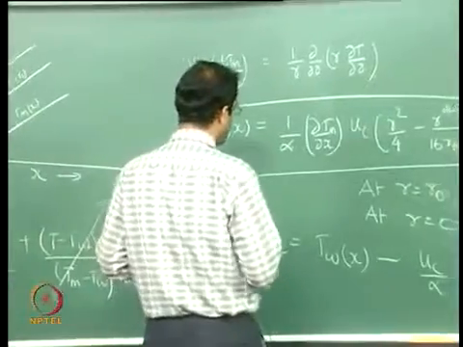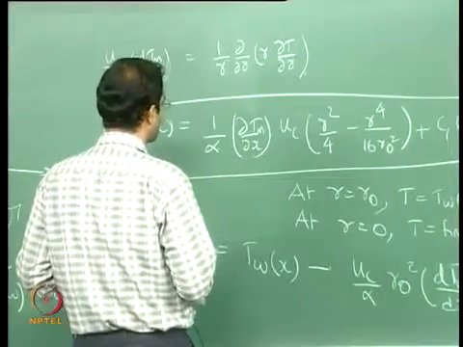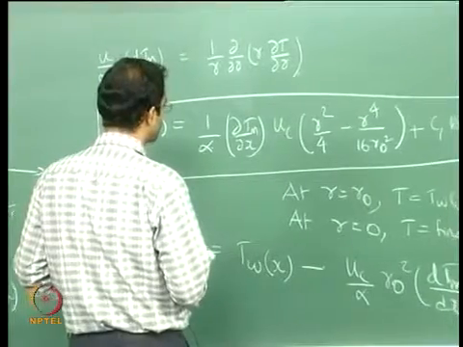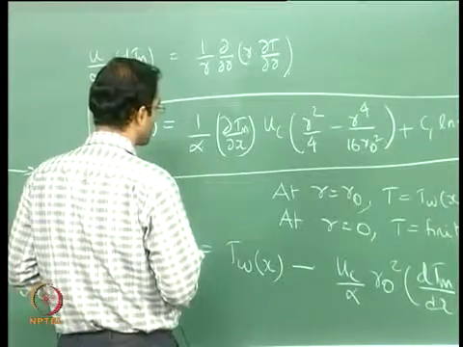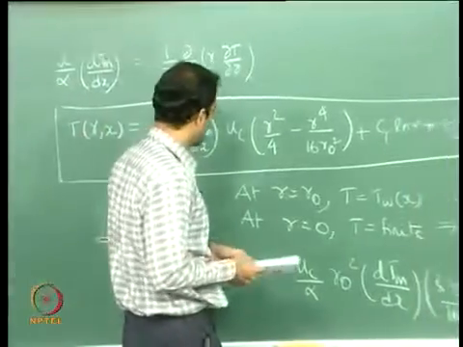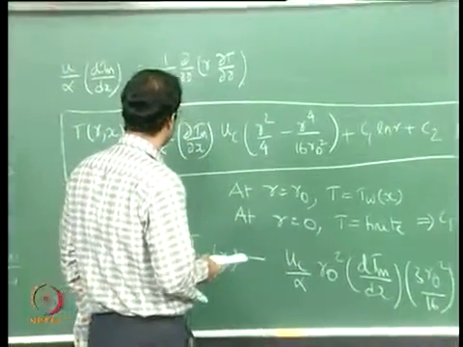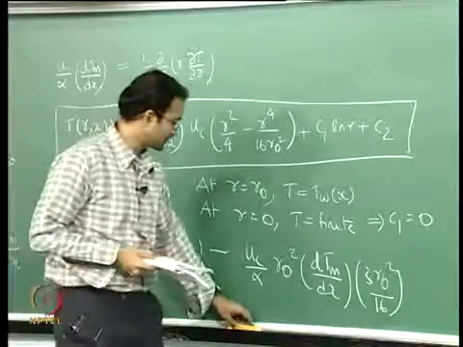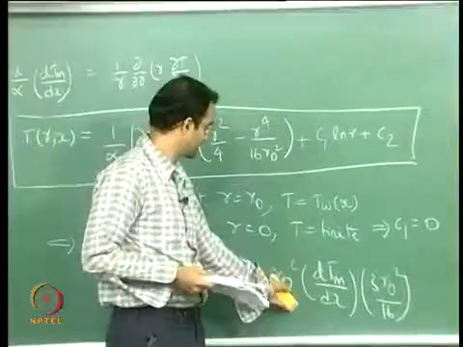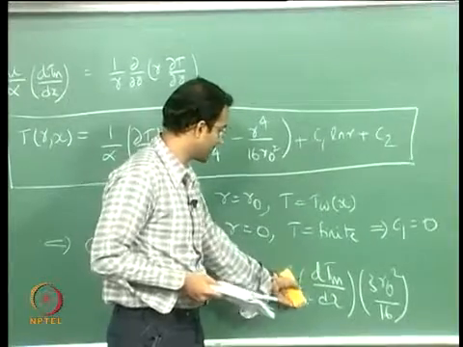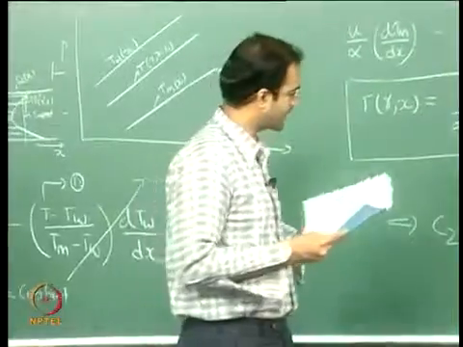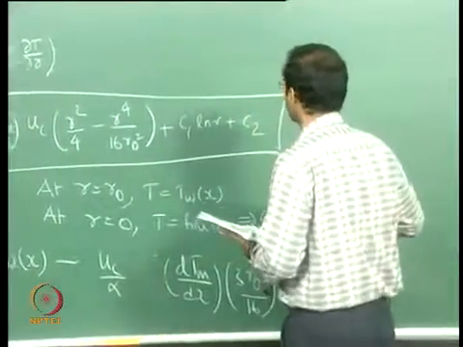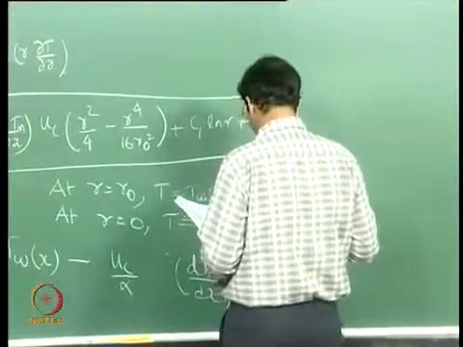This is T wall minus uc by alpha r naught square. I think this r naught square should not come here, right? So it is just 3 r naught square by 16. Okay, so this is your C2, and therefore you can substitute for C1 and C2 and write your final expression.